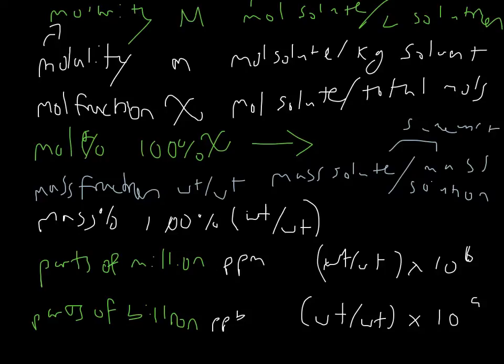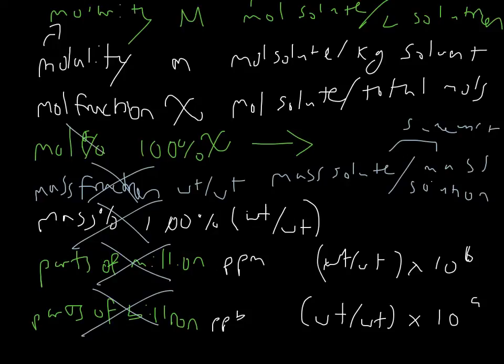That's pretty much it. That's all the concentration terms you will be needing for this chapter. I know it seems like a lot, but to be honest, on the AP test, never used that one, never used that one, never used that one. I don't even think I used that one.